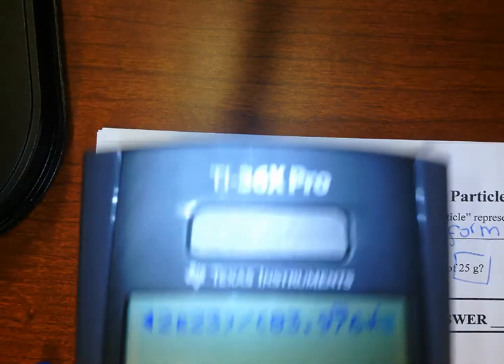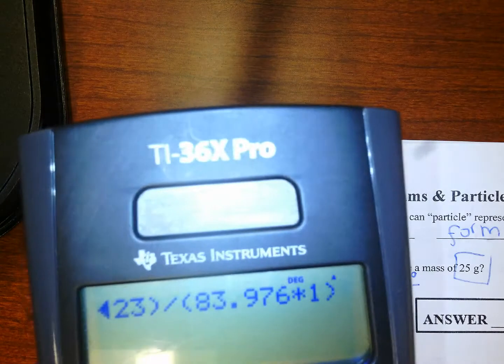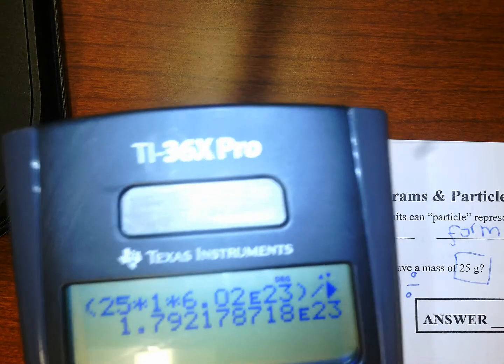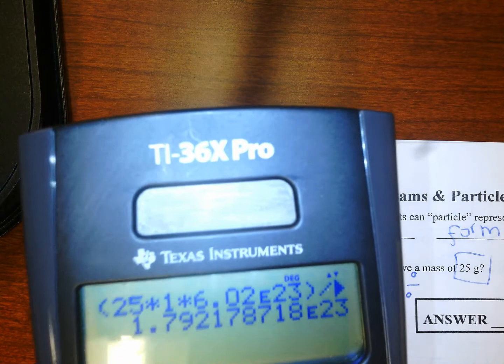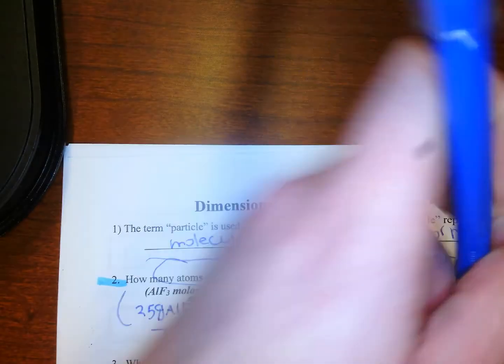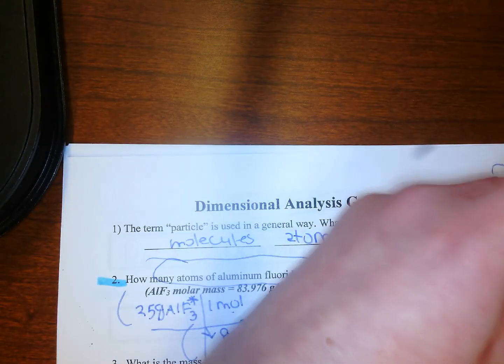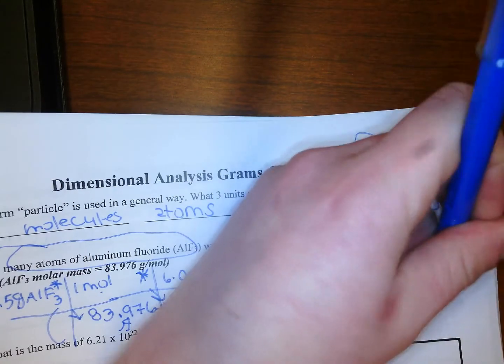I know you don't have to multiply by 1, but I think it's good to get into the habit of working with these parentheses, right? Because it won't always be 1 later, and that is going to equal 1.79 times 10 to the 23rd. Ten to the 23rd what? 10 to the 23rd atoms, because we have to include our units in our answer.